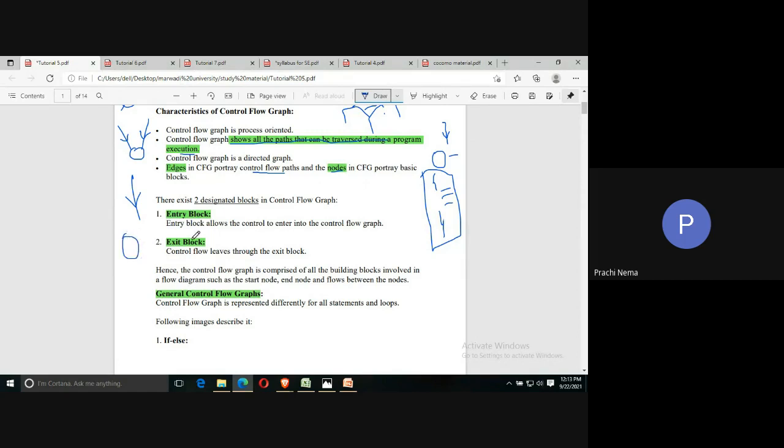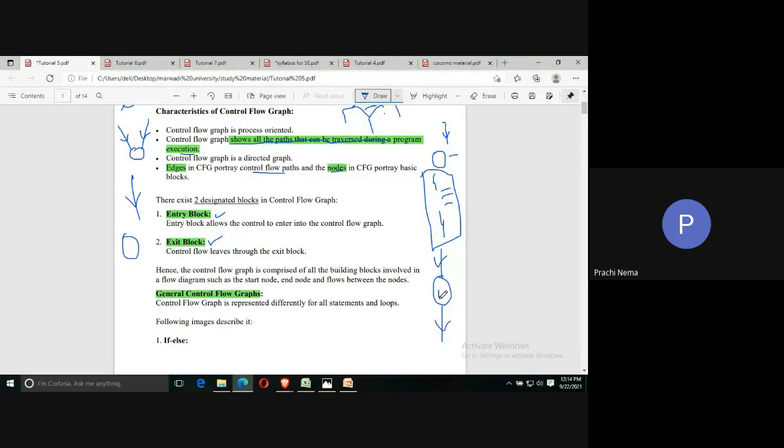Just remember this. Then comes the types of block. How many types of block can be there? There are two types of block, that is entry block and exit block. Entry block is the one from where the control enters, that is the first or initial node in the graph from where the control will start flowing.